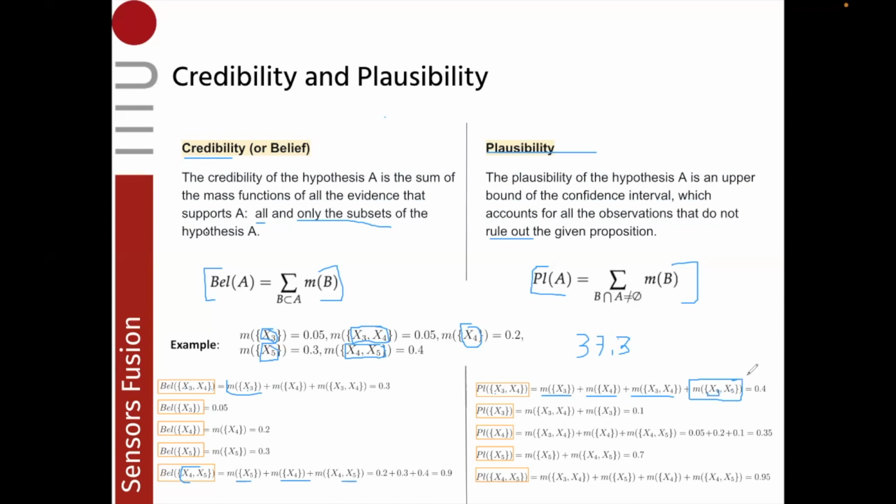So we have another term, and you can see that the plausibility in this case is greater than the belief function. So for each of the states, belief and plausibility give us a lower and an upper bound, and in the next slide we will see how at the end of the day this can be used to make the proper decision on the value of the state.